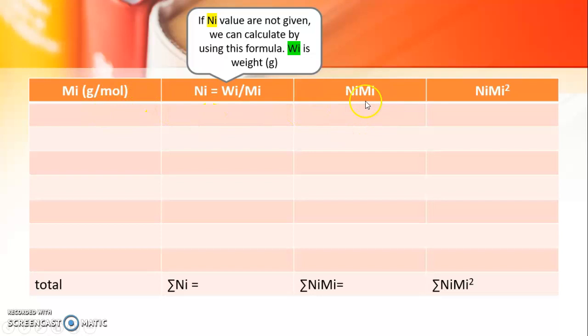You will get the value NiMi here, and don't forget to sum up. And this one is NiMi squared. For this, you only square the Mi value, not the Ni. So you will get the total of NiMi squared, and then you can calculate Mn and Mw together with PDI. Okay, so this is your exercise, and please submit it to me through WhatsApp after you finish the calculation.